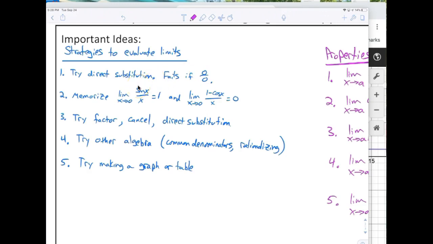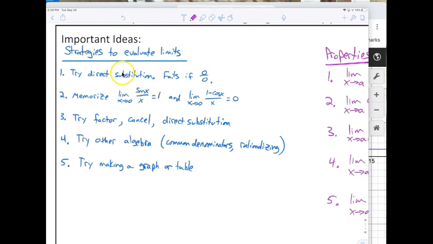Plug in whatever x is into the equation and see if you don't get 0 over 0. Because if you get something other than 0 over 0, you can actually answer the question. There's certain limits that you should be familiar with. These two are particularly important if you go on to take the IB course next year, if you are only a junior this year.